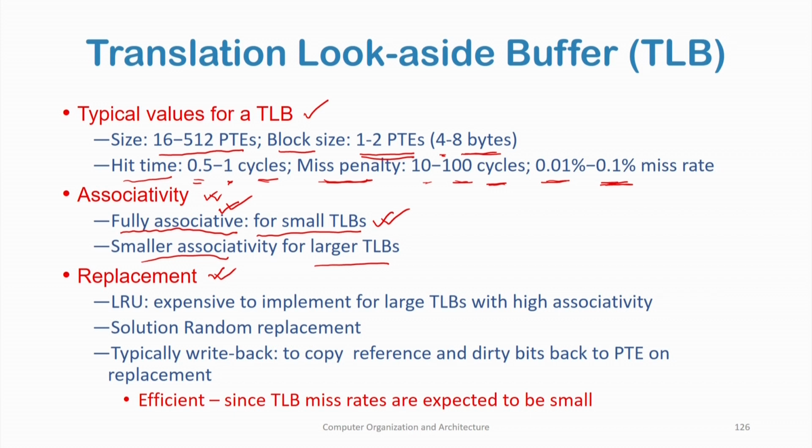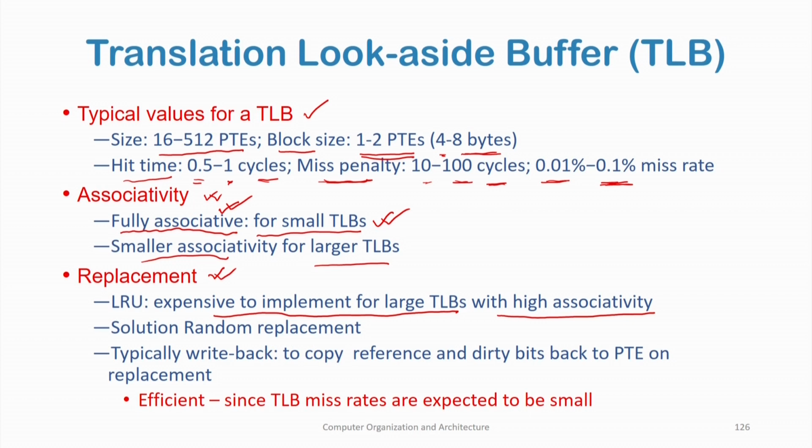If I want to replace the least recently used TLB entry, this is typically expensive to implement for large TLBs with high associativity. Why? Because when the TLB sizes are large, implementing least recently used in hardware, finding which entry is the least recently used at any time, and keeping that account is expensive.